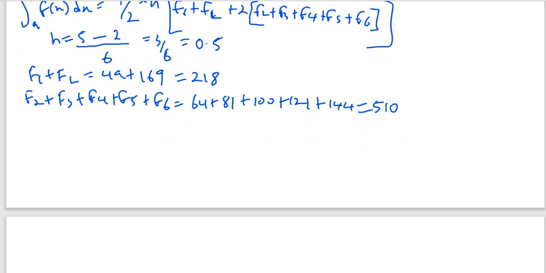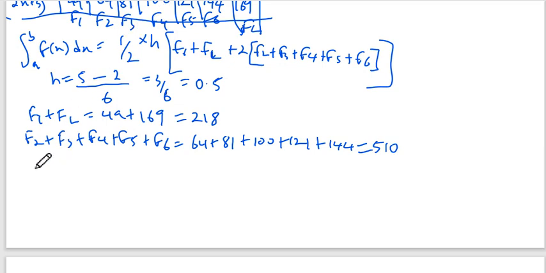So applying our formula, substituting all these values, we have half times the width. Our width is 0.5, bracket f1 plus the last, that's 218, plus 2 bracket the sum of all this, which is 510.